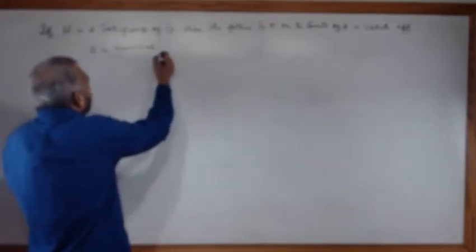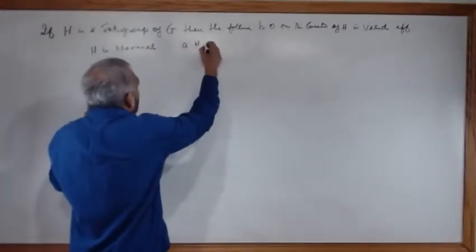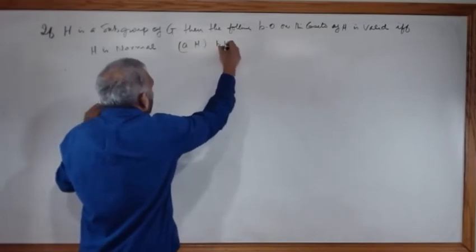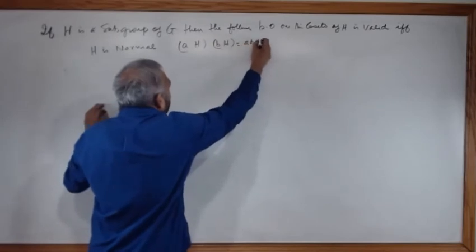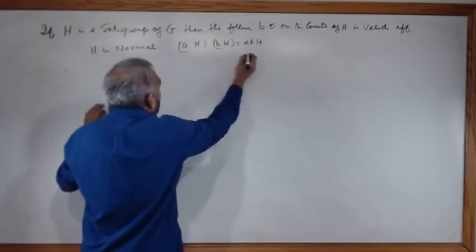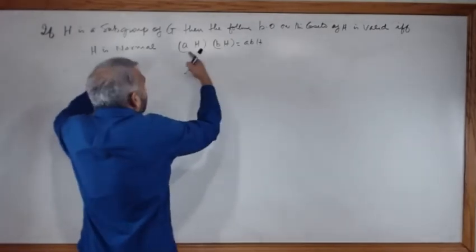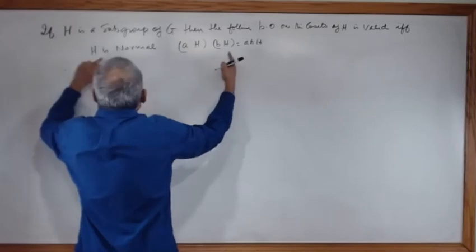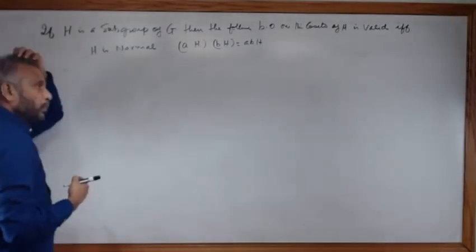And the binary operation is AH times BH is equal to ABH. This operation is on the cosets of H, and H is normal, so it could be either left or right cosets. So this is valid only if H is normal. That is what we proved.